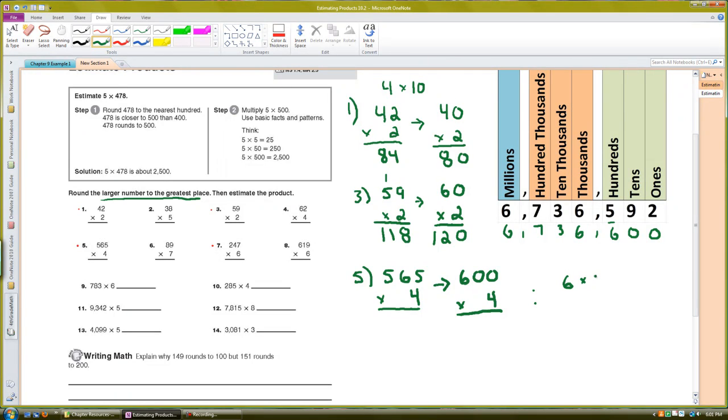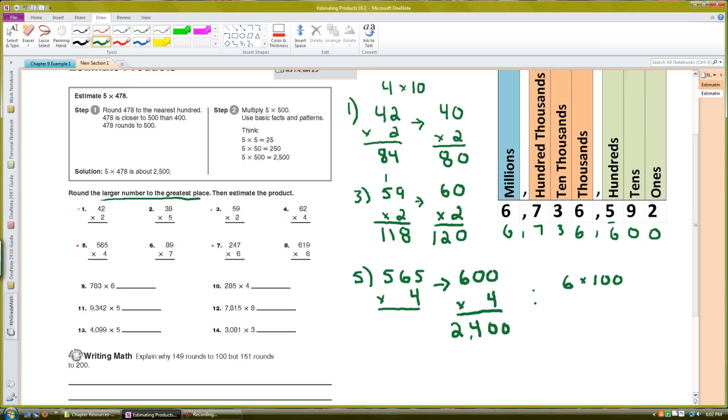No, times 100. So you see that we have two zeros. We only need to multiply the two non-zero values and add the 2 zeros to it. So 6 and 4, when you multiply those, you get 24. You add the 2 zeros to it, and our value is 2400.